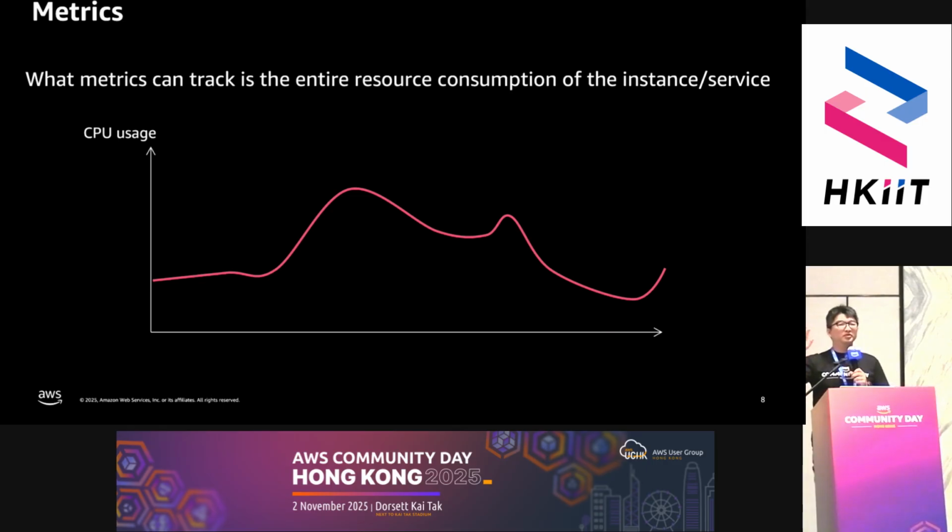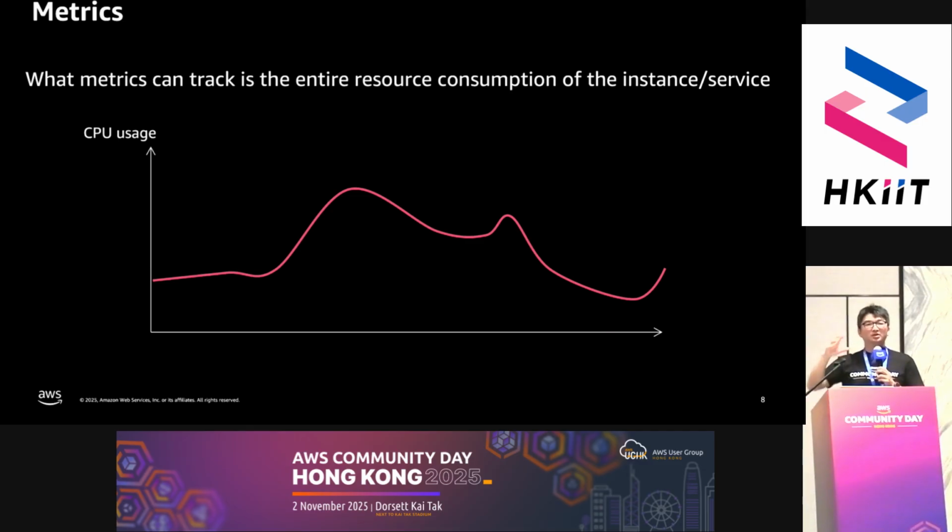Metrics is the most common type of telemetry you have, like CPU usage and memory usage and so on. What metrics can track is the entire resource consumption of the instance or service. For example, if you're running the web server on a container, what metrics provide is how much that whole container is consuming CPU or memory from the container runtime, right?